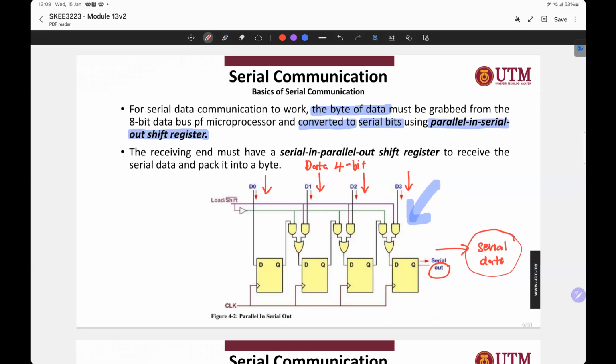So here at the receiving end, we need another register called a serial-in parallel-out shift register, which is used to receive the serial data and pack it into 1 byte of data, or 8-bit data.